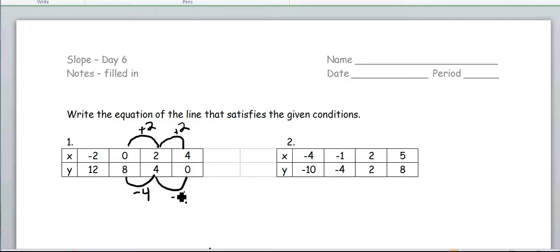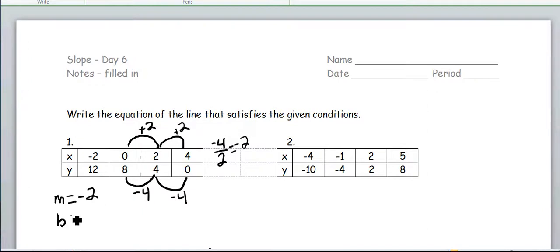We know it's going to be negative. So remember, to find our m value, we're going to put our y's over our x's, negative 4 over 2, and that's the same as negative 2. So I'm going to write here m equals negative 2.